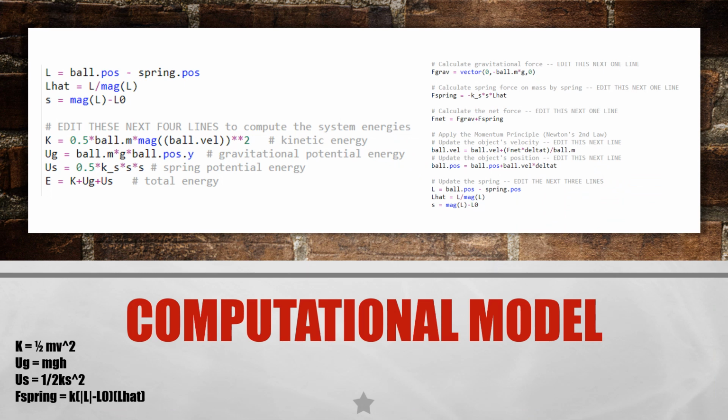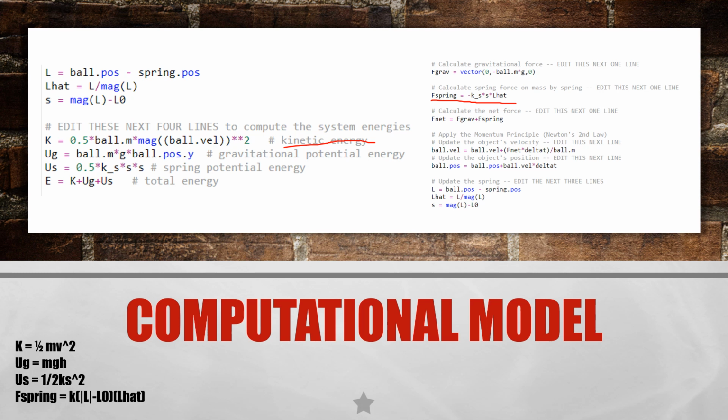And now for the computational model, I started off with using the kinetic energy formula, then the gravitational potential energy formula, and then I used the spring potential energy formula and added all of those up to get the total energy. And then here, this is the F spring formula.